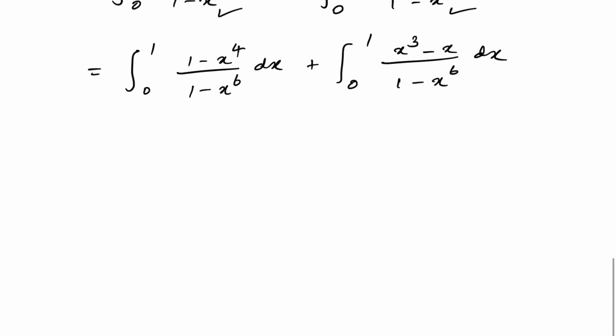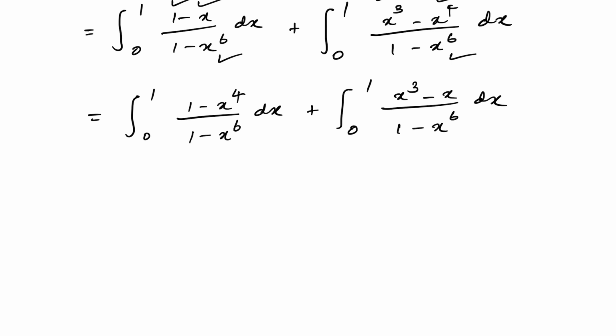Well, nice. Now I'm going to take another substitution. x to the 6th power is equal to t, then we know 6 times x to the 5th power dx is equal to dt, so we can plug in. Now we know the limits are also 0 to 1.